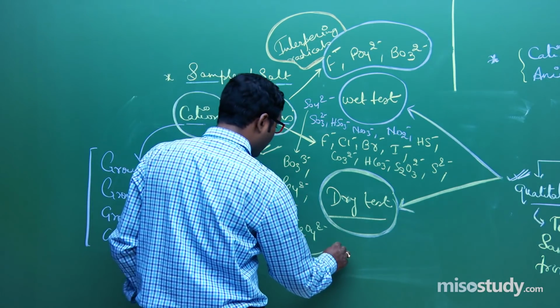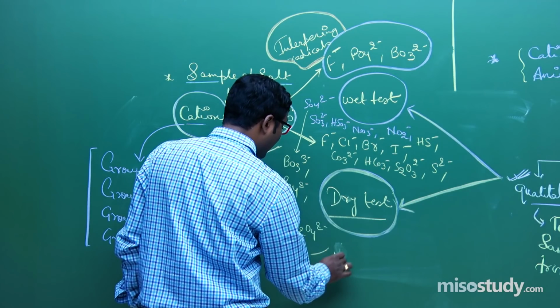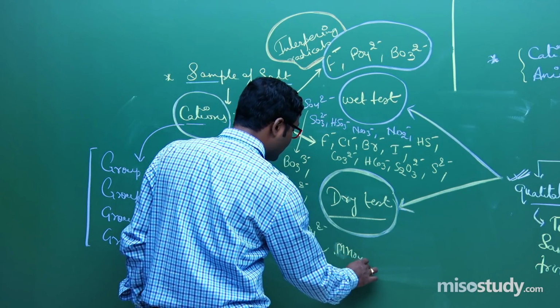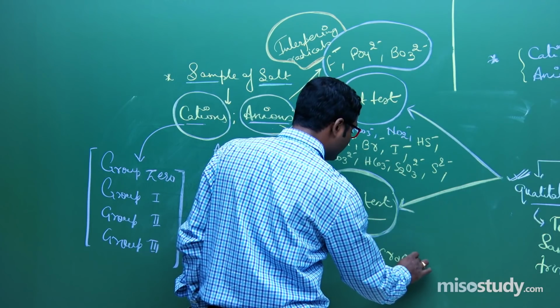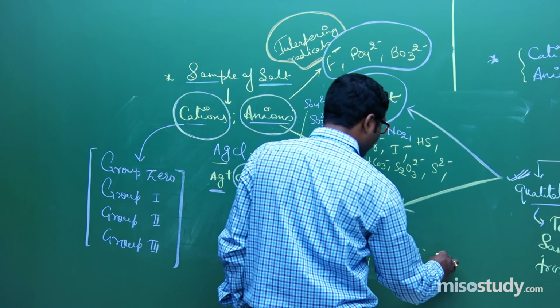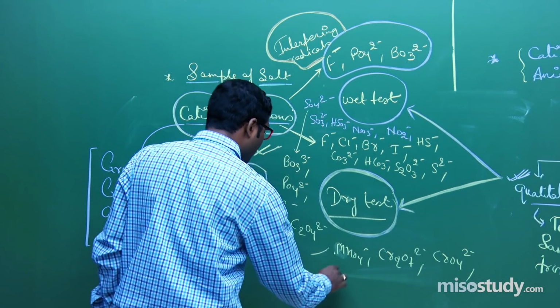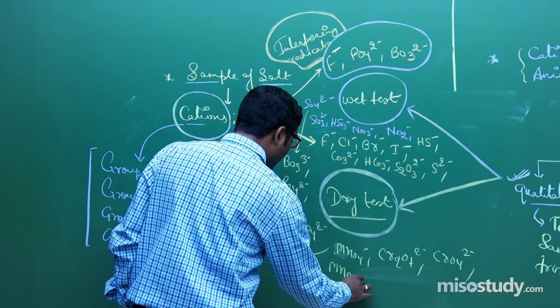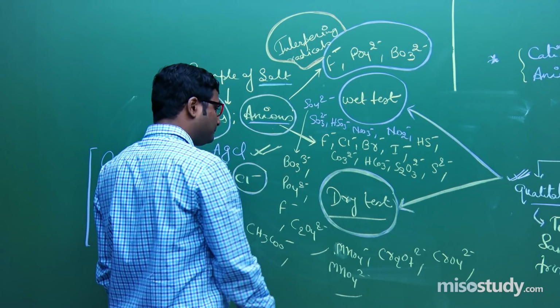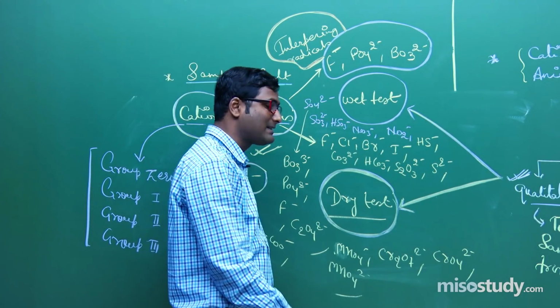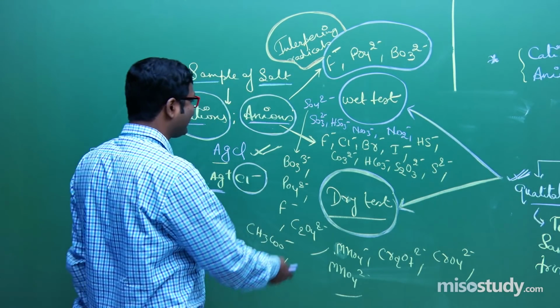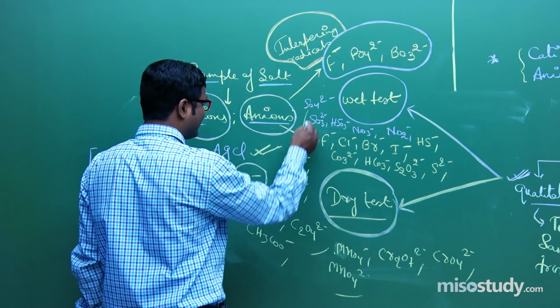I am giving a few more also, that is MnO4 minus, Cr2O7 2 minus, CrO4 2 minus, MnO4 2 minus. These are various examples. We have to detect these anions, clear to you?